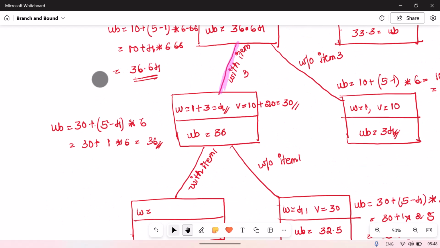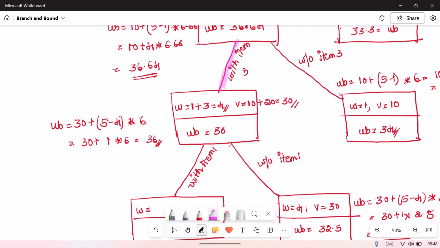Okay, now we are coming to this particular path. So item 2 is already there. Item 2's weight is 1. So 1 is already there in the knapsack. Next item had the weight 3.